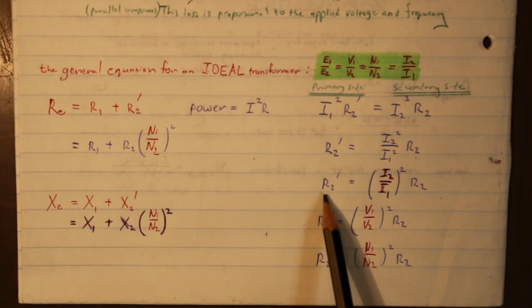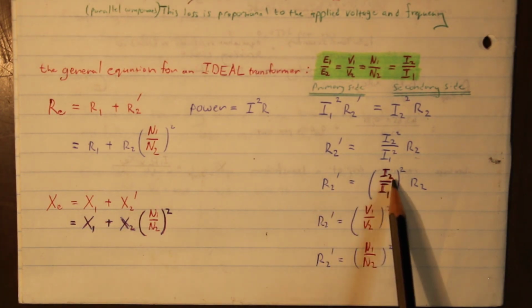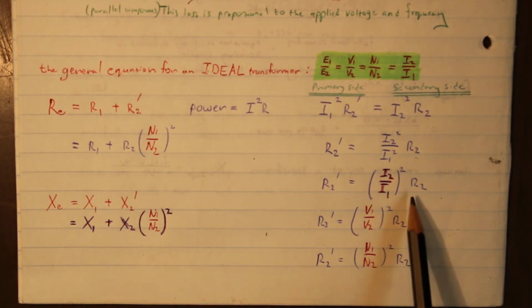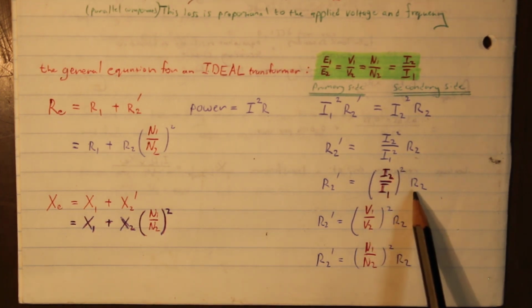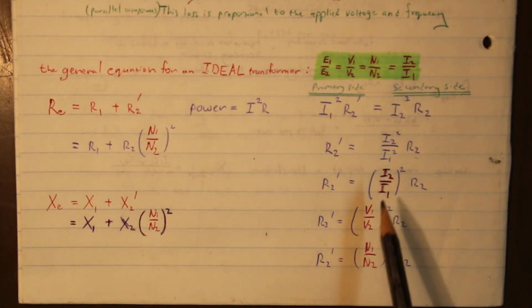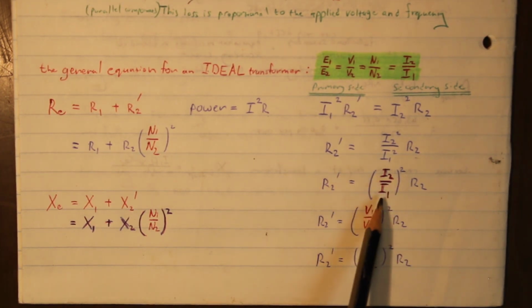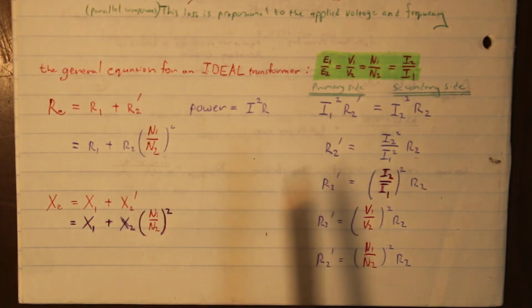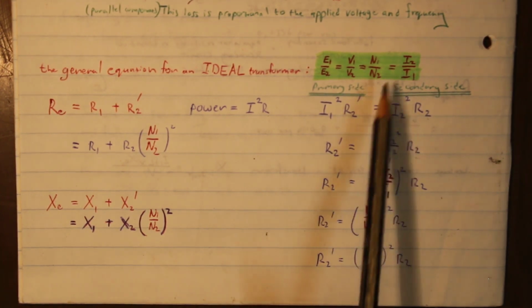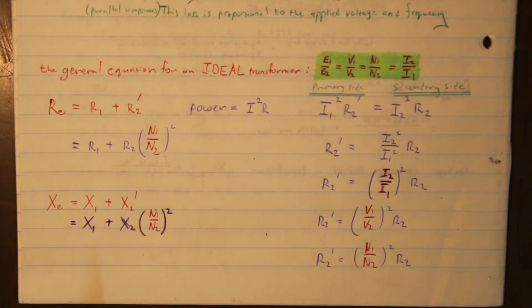So now we're left with R2 prime equals I2 over I1 in brackets squared times the original R2. I wrote that in red there. I don't know if you can see the I2 over I1. And if you just look up here at the general equation for an ideal transformer, you'll see that there we have I2 over I1.